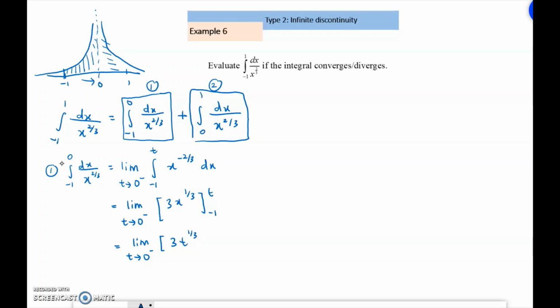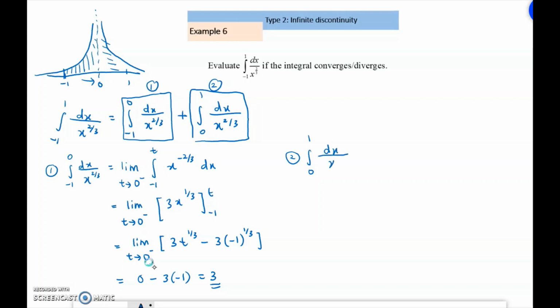We have this minus 3 times -1 to the power of 1/3. So t here will be equal to 0 minus 3 times -1 to the power of 1/3. So this will be equal to -1, and for the first part it is equal to 3.